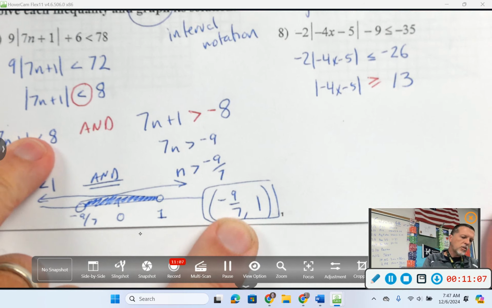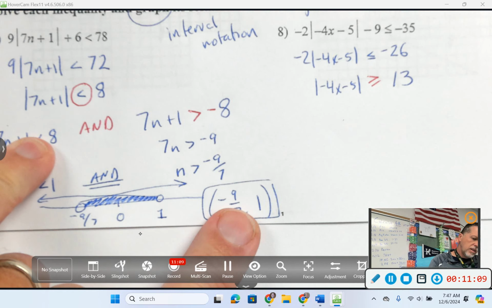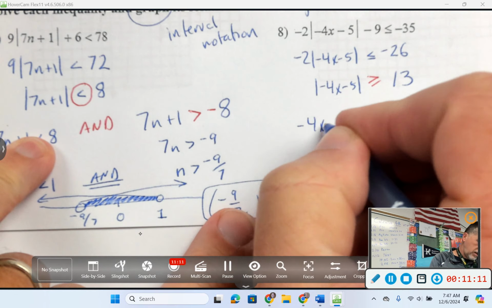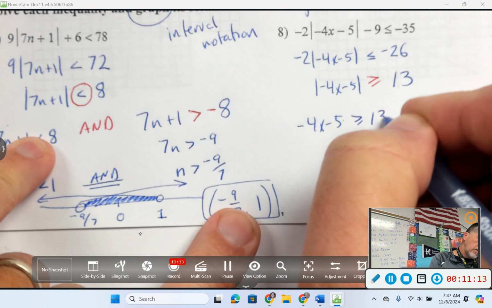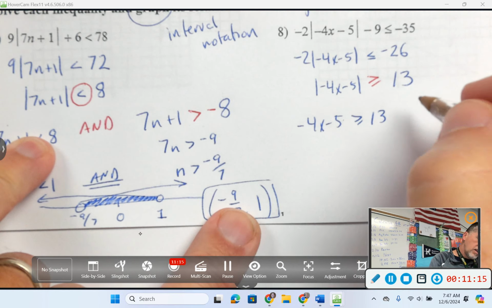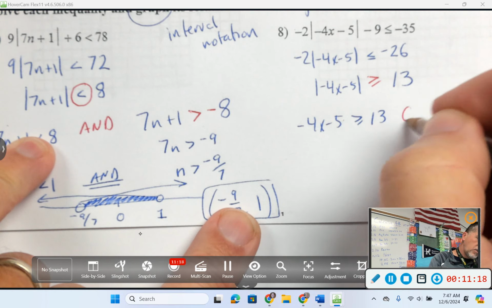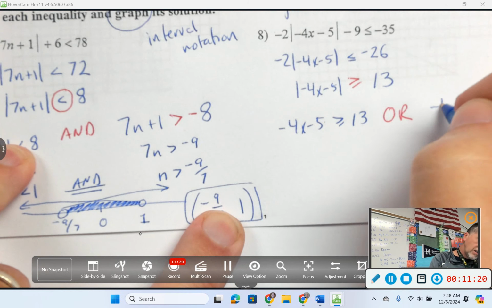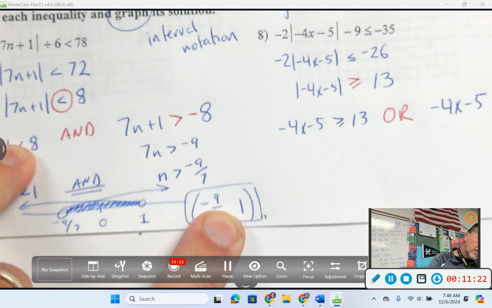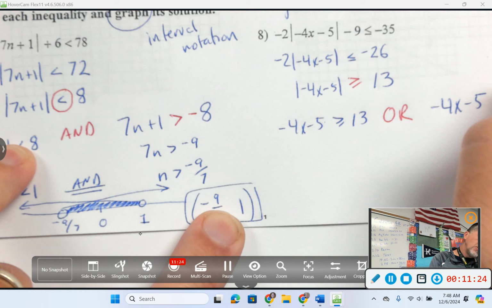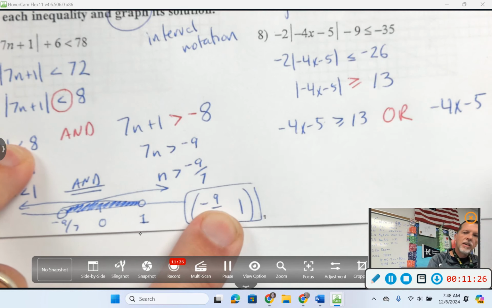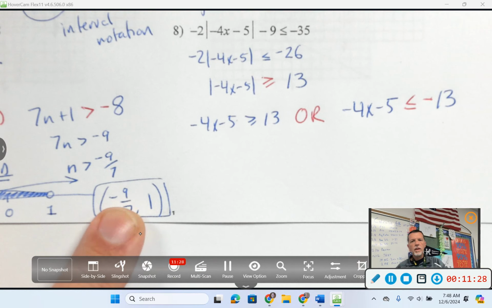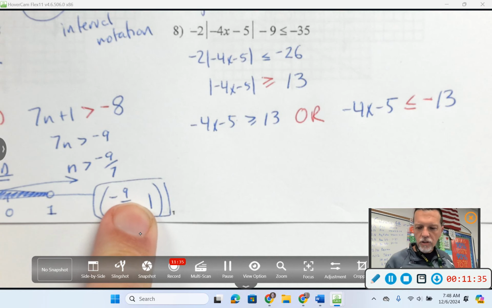Okay, so how am I going to split this one up? Greater than 13. Great. Negative 4x minus 5 is less than or equal to negative 13. And it's an or, so we're sort of expecting the greater amount of solutions.